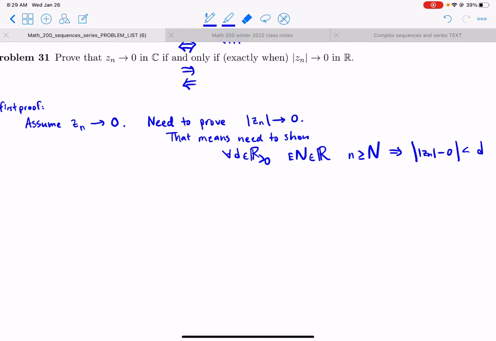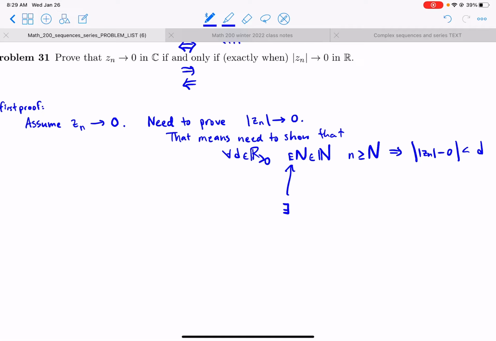I'm going to say that capital N is a natural number because I'm thinking of it as the z sub capital M, the last one, or I guess the first one, where everything is inside the ball. Okay. So I'm carefully explaining that means we need to show that for all d, there, I just realized that is not the right symbol.